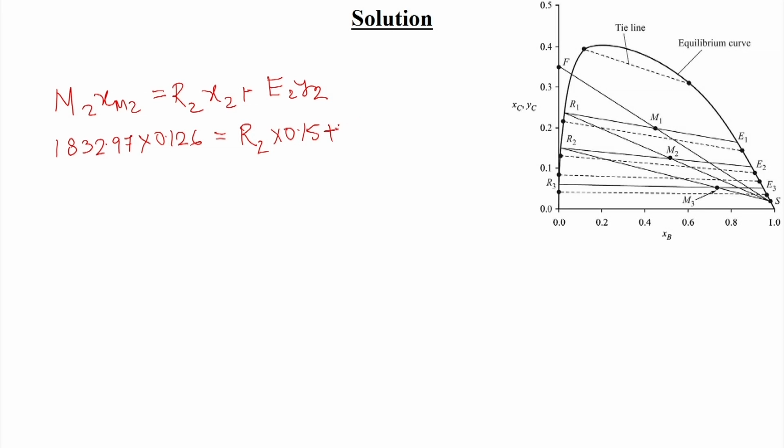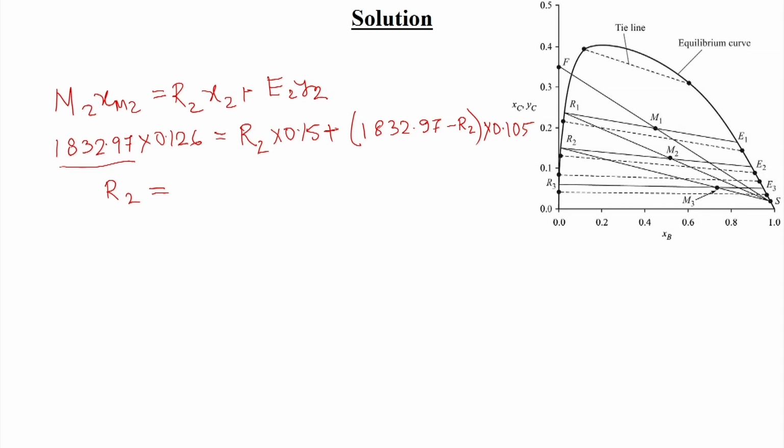E2 will be the total, 1832.97, minus R2, into y2, which is 0.105. So, from here we will be getting R2.